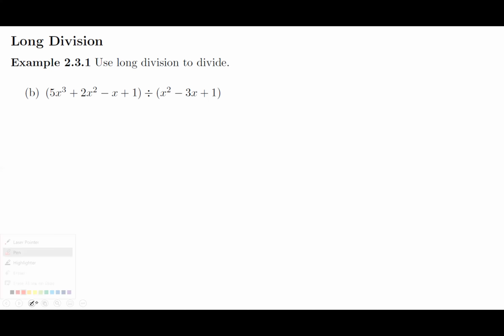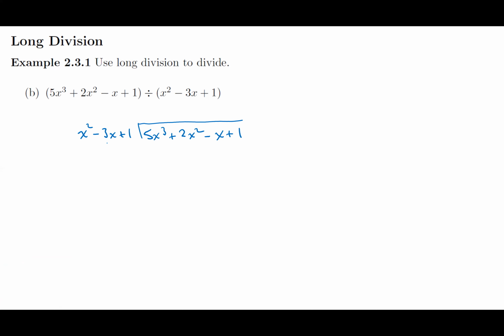All right. This one, a little more complicated. X squared minus 3x plus 1. And then 5x cubed plus 2x squared minus x plus 1.